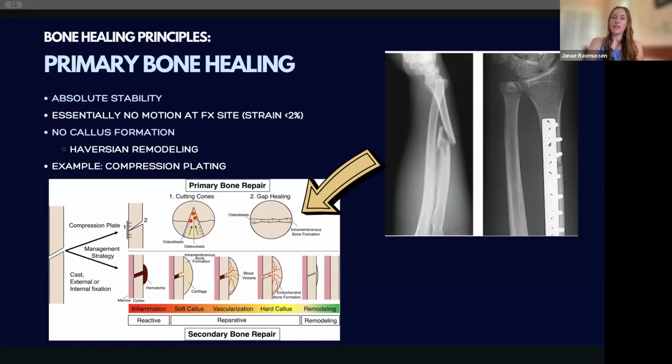With primary bone healing, we don't get that. We basically just get the bone and we get that direct healing. And so you'll see the fracture line basically start to disappear with time. A good example of this is compression plating, which I have on this slide over here to the right. Sometimes you'll see this in concepts such as a distal radius fracture.